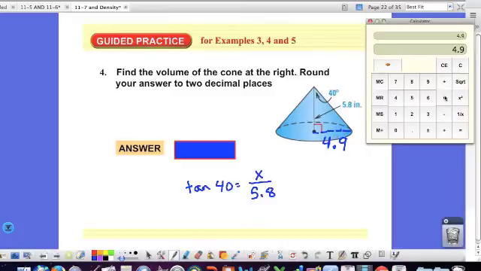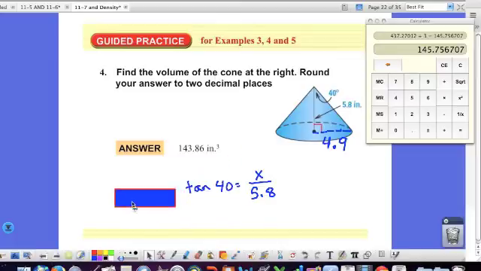Now to do the volume. 4.9 times 4.9 is 24.01 times 3.14 equals 75.39 times 5.8 is 437.27, etc. Divided by 3 is basically 145.76. And once again, rounding because of the pi button.